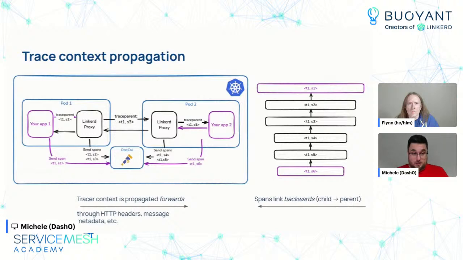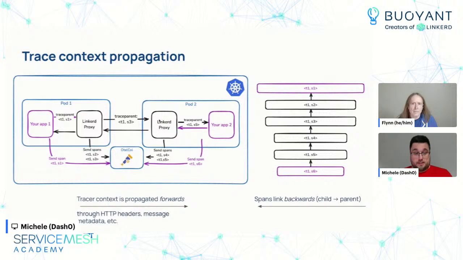Over the mTLS HTTP request between the proxies, there is going to be a header called the traceparent header, using the W3C trace context specification, that will bring information like which trace it is and what the last span on the other side was.